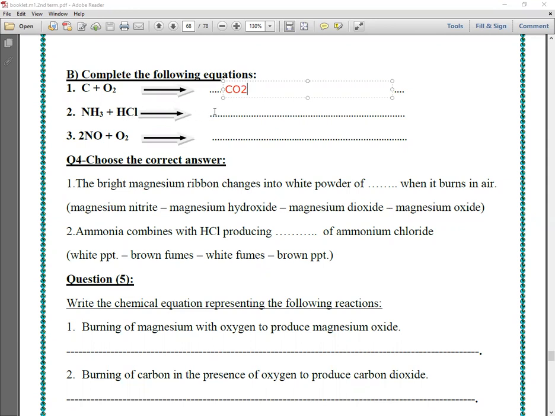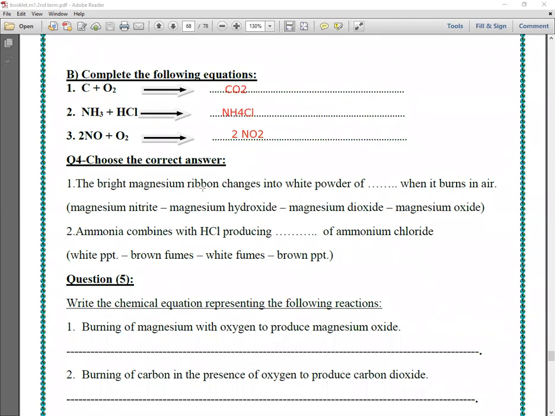NH3 plus HCl produces NH4Cl. 2NO plus O2 produces 2NO2.